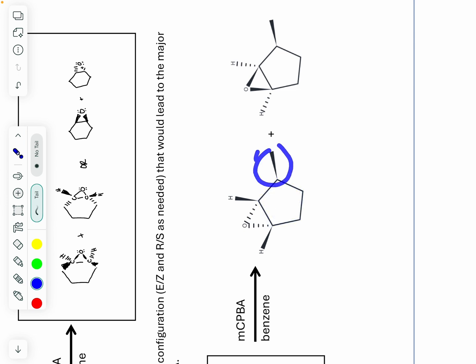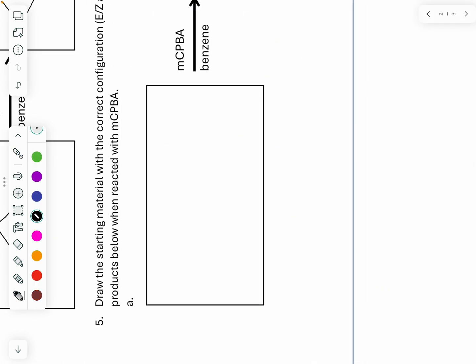Now we have this methyl group that is not relevant to the reaction. So this has to stay there in the starting material. So now, concluding that, we know that this is going to be our starting material. So let's draw that.